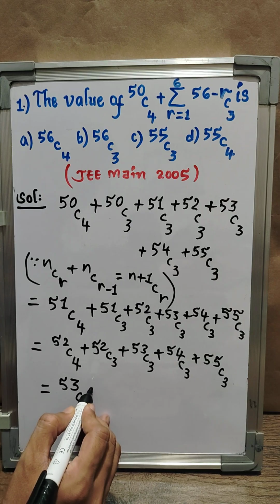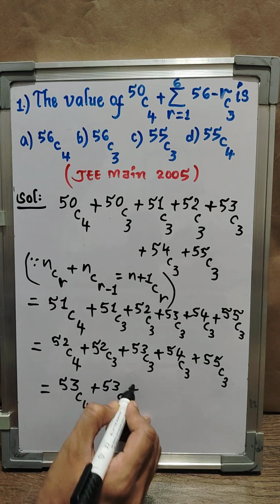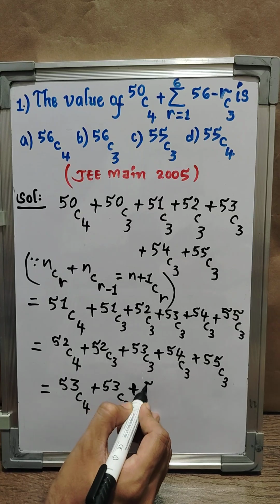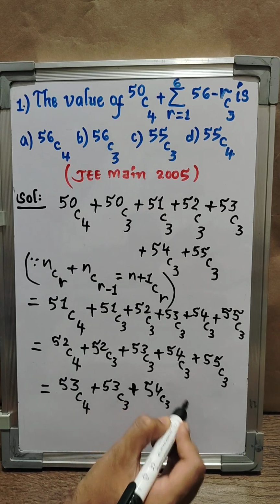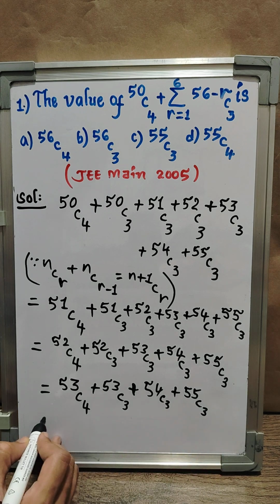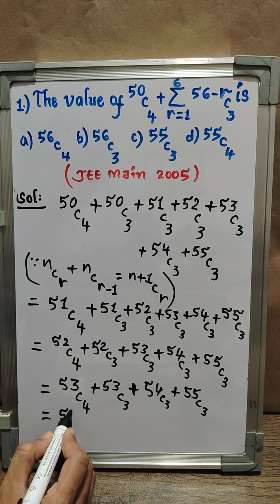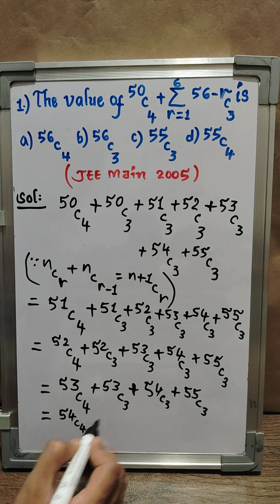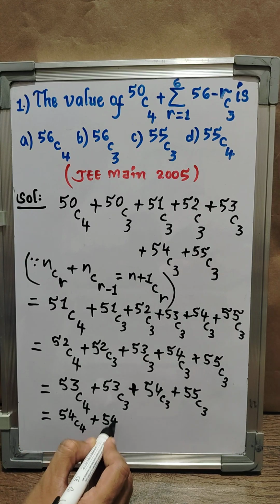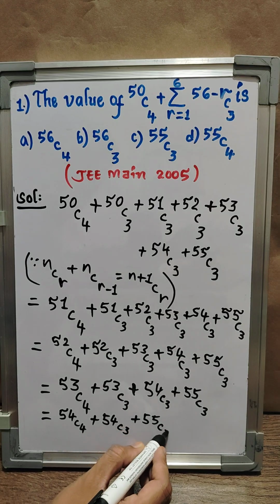53C4 plus 53C3 plus 54C3 plus 55C3. Next, instead of the first two terms, we can write it as 54C4 plus 54C3 plus 55C3.